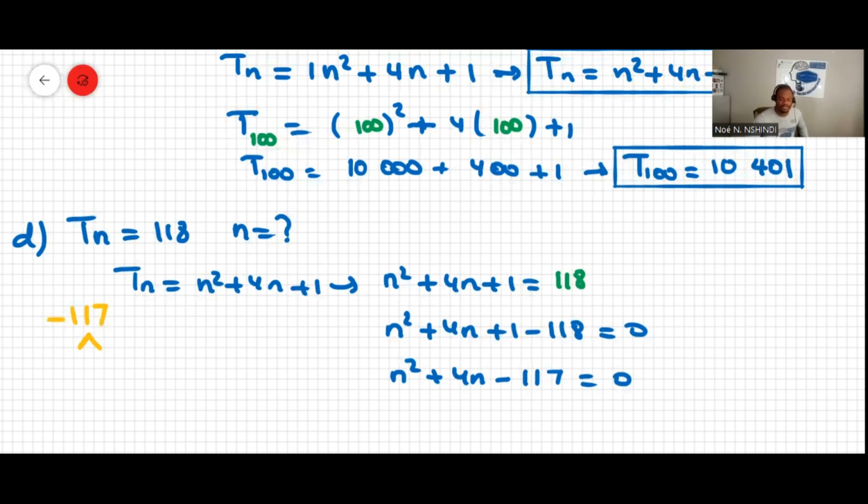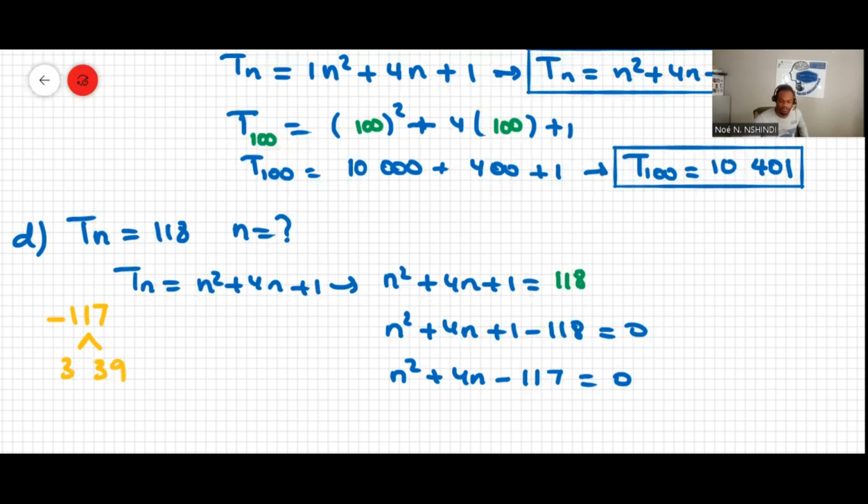I can see that this number is a multiple of 3 because 1 plus 1 plus 7 is 9, and 9 is a multiple of 3. So 117 divided by 3 gives 39.